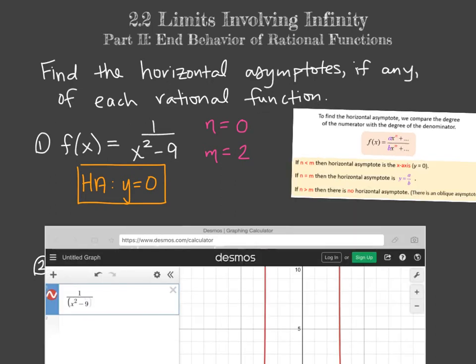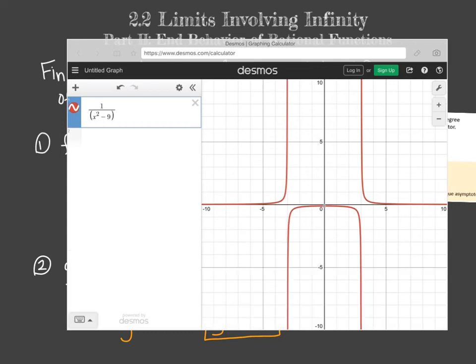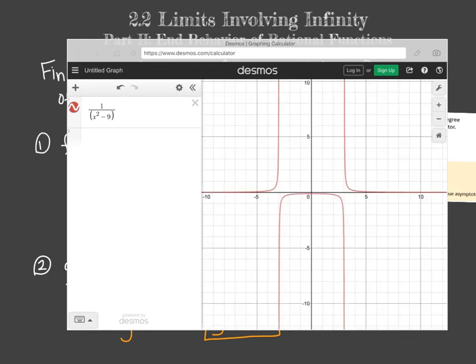Okay, let's just take a look at this graph of f of x. We're claiming that the horizontal asymptote is the x-axis, the line y equals 0. So I graphed it on Desmos. We graphed that function, and it's a weird looking function, but if we do zoom out a little bit, we can clearly see that our right end behavior, our graph is approaching the x-axis, the line y equals 0, and our left end behavior, as x approaches negative infinity, our graph is also approaching that same line, y equals 0.